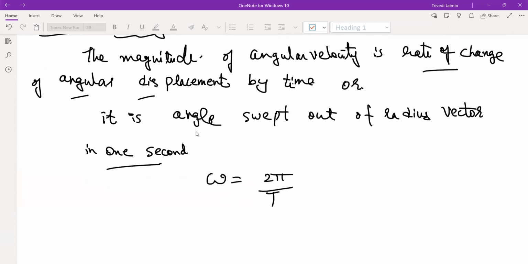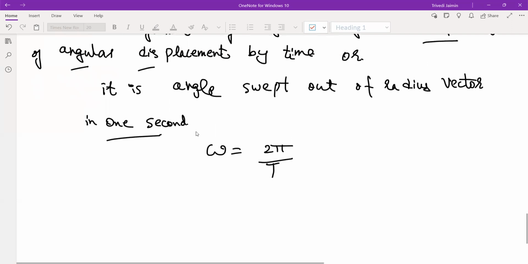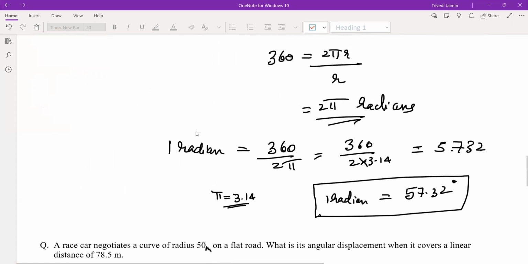Or angle swept out of radius vector in 1 second. So we are taking time and 2 pi. That is your angle swept out. Understood this one? How we got this 2 pi by t? 2 pi we took from here. Theta is, where is it? Yeah, 2 pi radians.